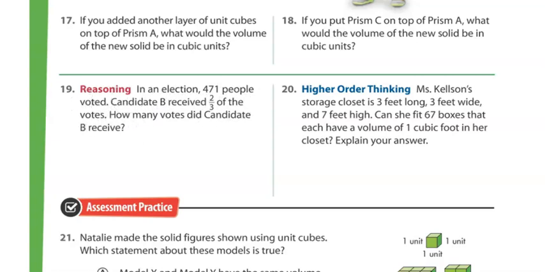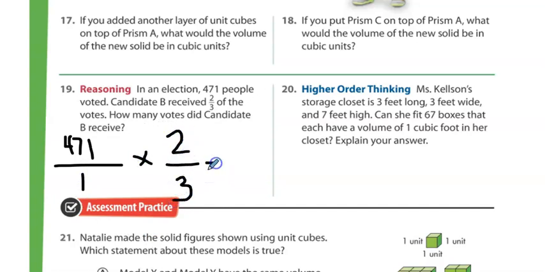And in that situation, you really want to make sure that you're focusing on this word "of," because that word tells us what operation we want to use when solving this problem. So what we're going to do is take 471 over 1 and then multiply it, because we know "of" means multiplication, by 2/3. And then that's going to tell us how many votes candidate B received.